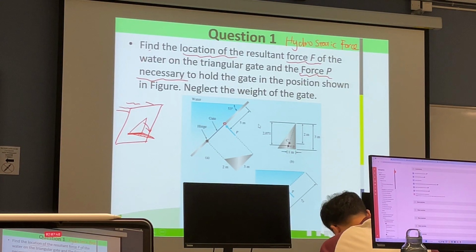Now go back to the figure here. This is the shape of the triangular gate.